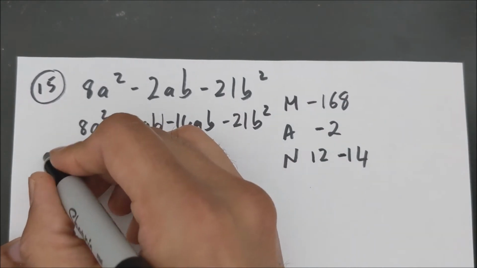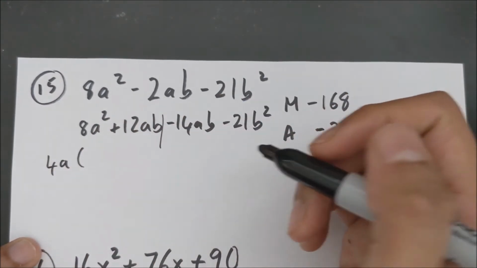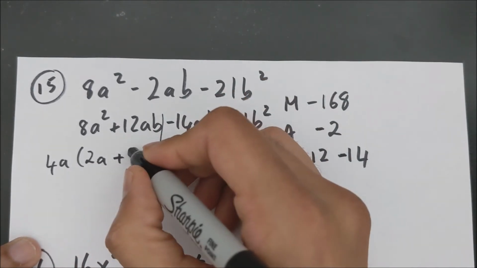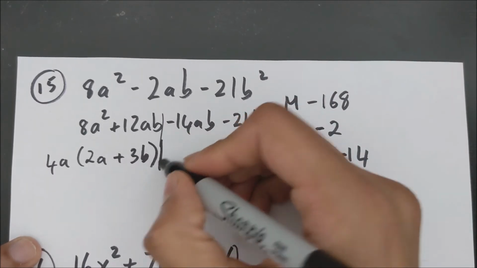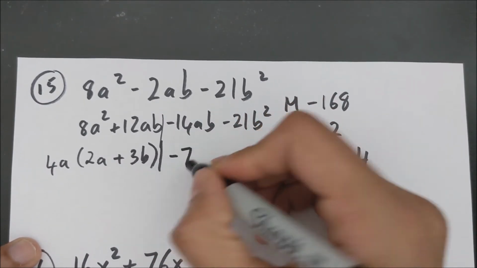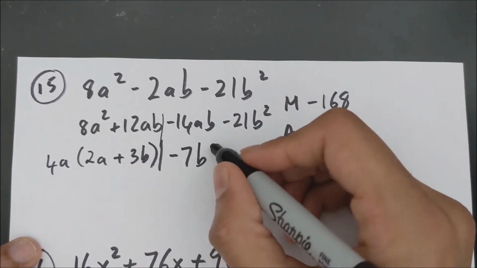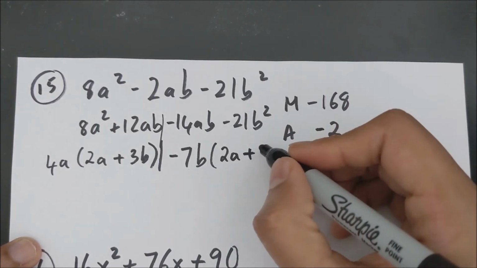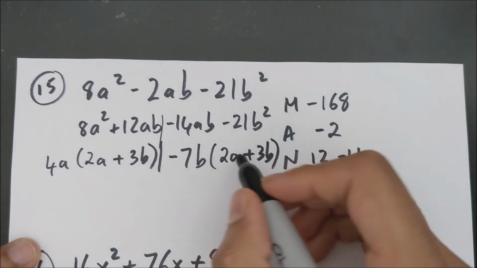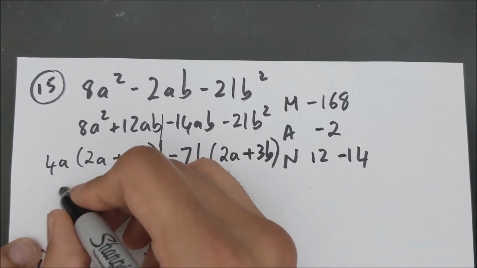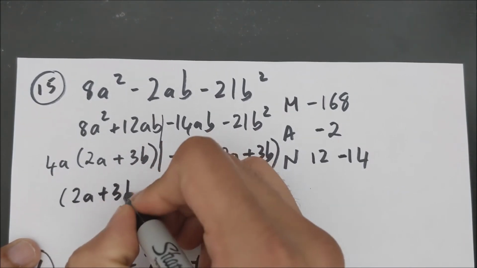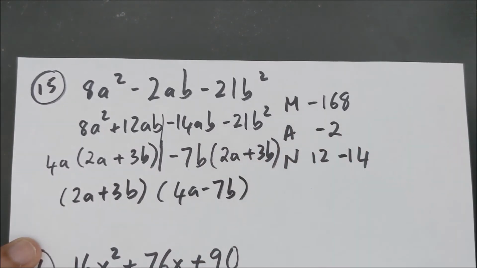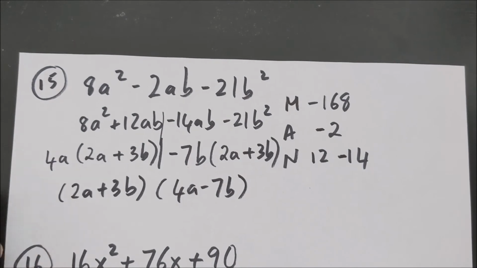My common term here is 4a, 2a plus 3b, and over here it's -7b, 2a plus 3b. Brackets match, which means my solution is right. 2a plus 3b, 4a minus 7b.